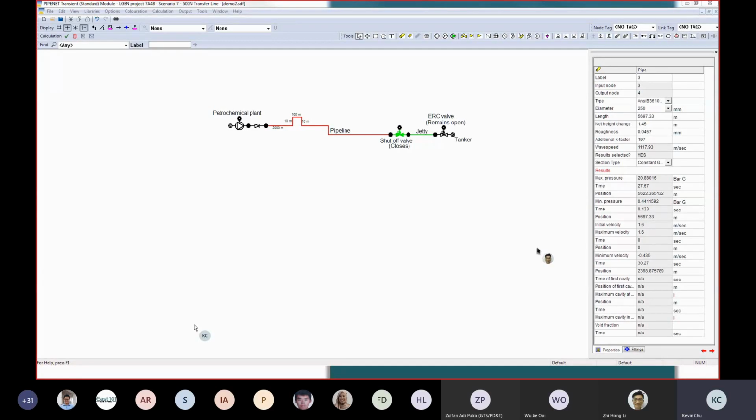Also, in this demo, we want to demonstrate how severe it is when you close your valve too fast. Of course, in reality, you don't really close your valve very fast, but we just want to demonstrate the severity of the water hammer effects. I see. Thank you, Kevin.